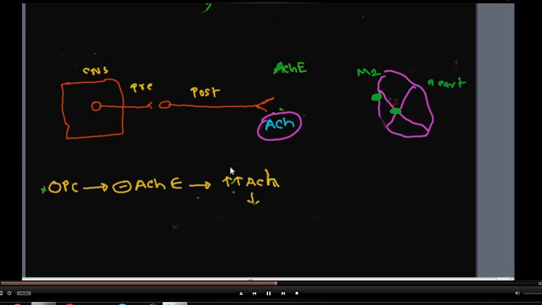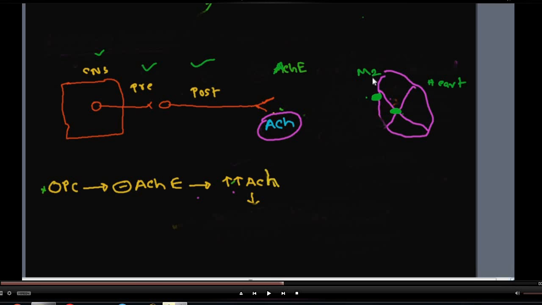Now coming to the effect of acetylcholine on the heart. This is the central nervous system, and this is preganglionic neuron, and this is postganglionic neuron. Postganglionic neuron releases acetylcholine, and this is the heart, and these two green dots represent SA node and AV node.